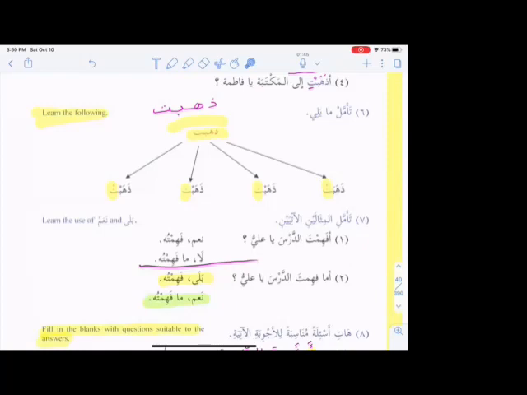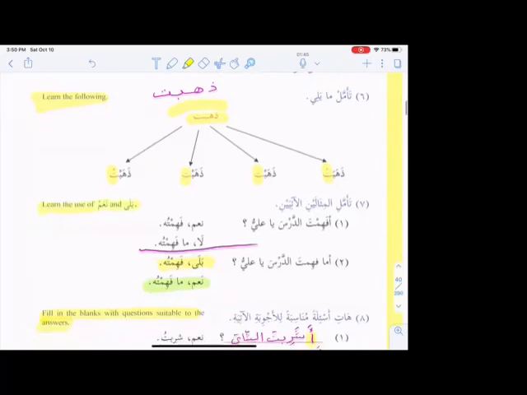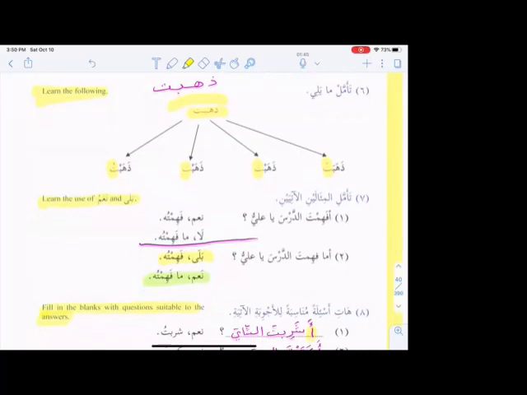So now, my brothers and sisters, I have here the use of nam and bala. I think we did it before, but it is probably repetition.